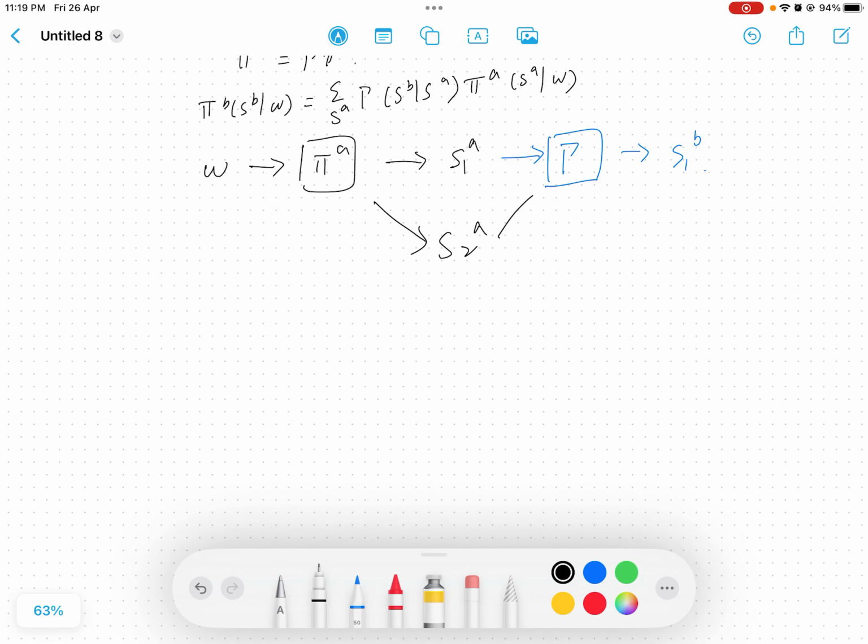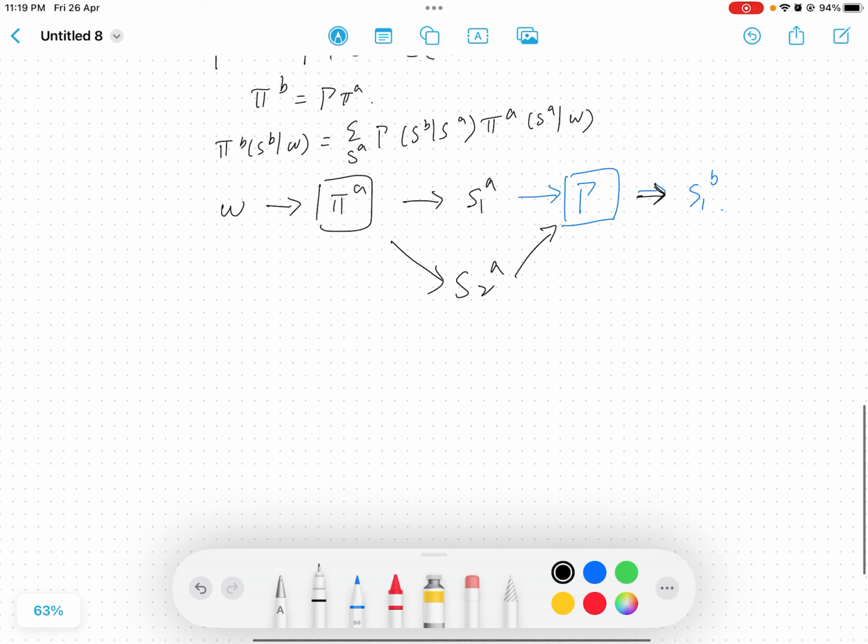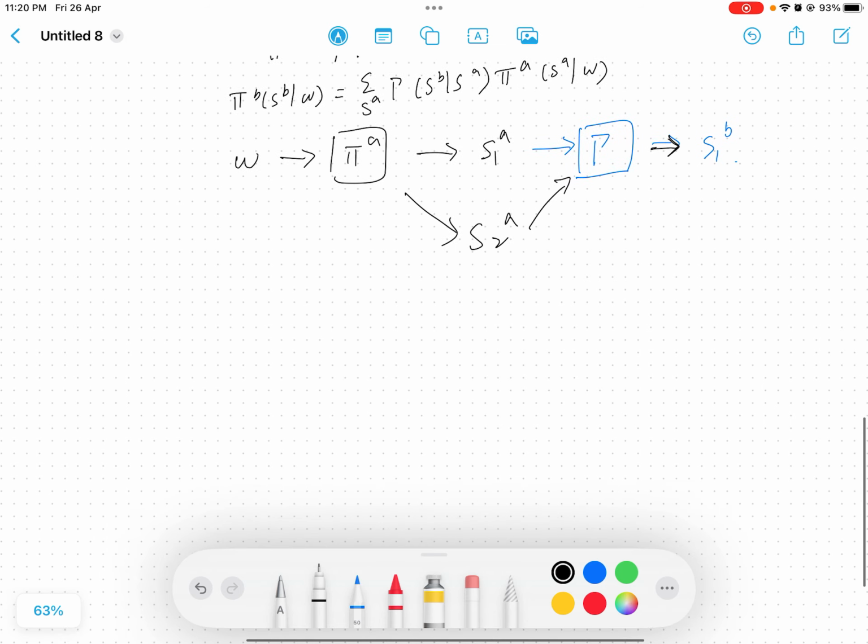This also goes into gamma, and then gamma outputs S1b. So if we want the output from gamma for S1b, then S1a and S2a are all inputs into this gamma function.